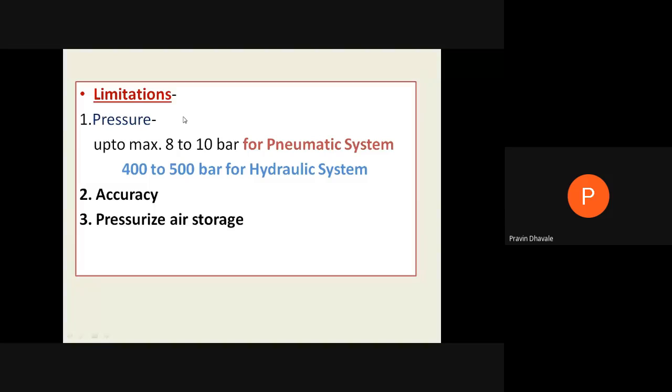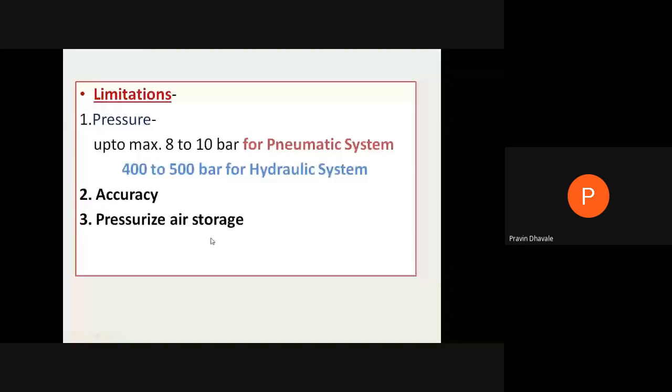The limitations of the pneumatic system, we will think by considering the three parameters. First one, that is the pressure, second one, that is the accuracy, and third one, that is the pressurized air storage, right?